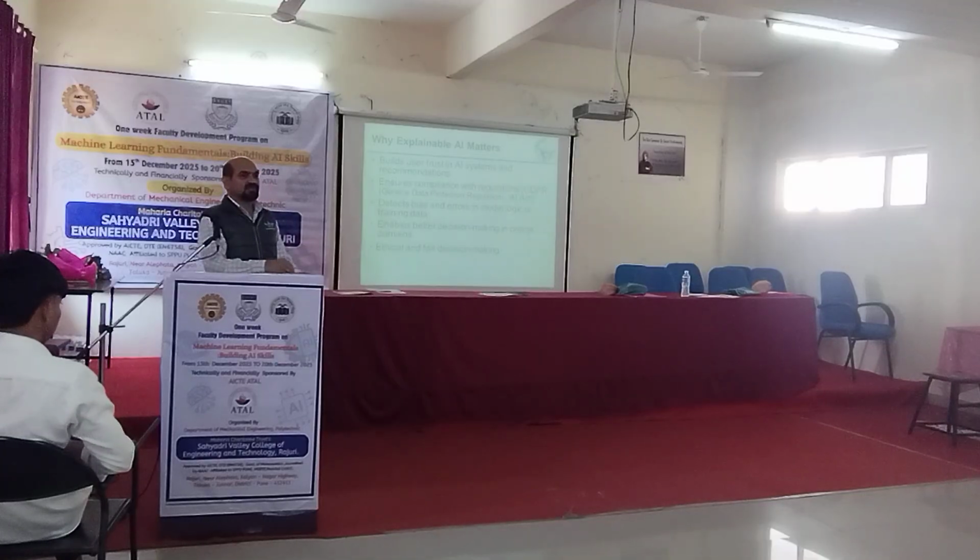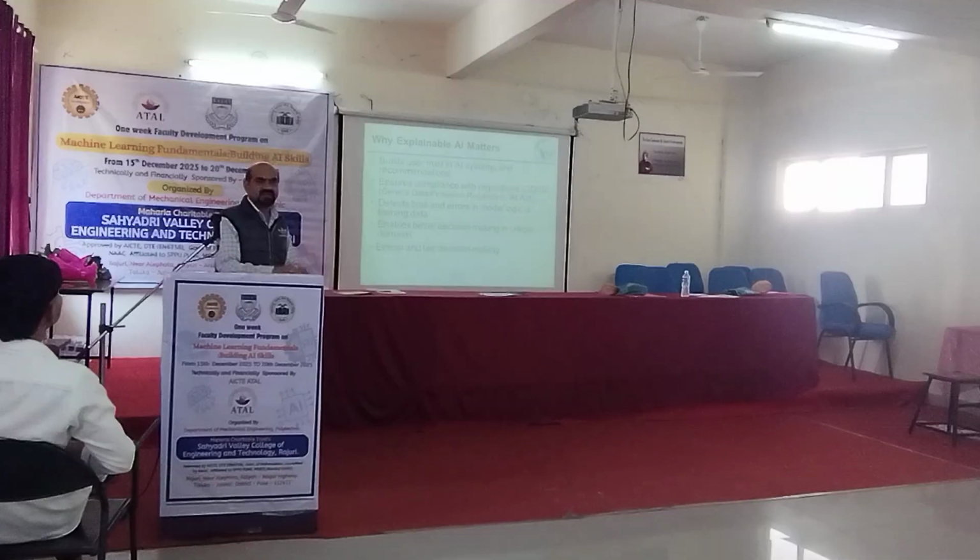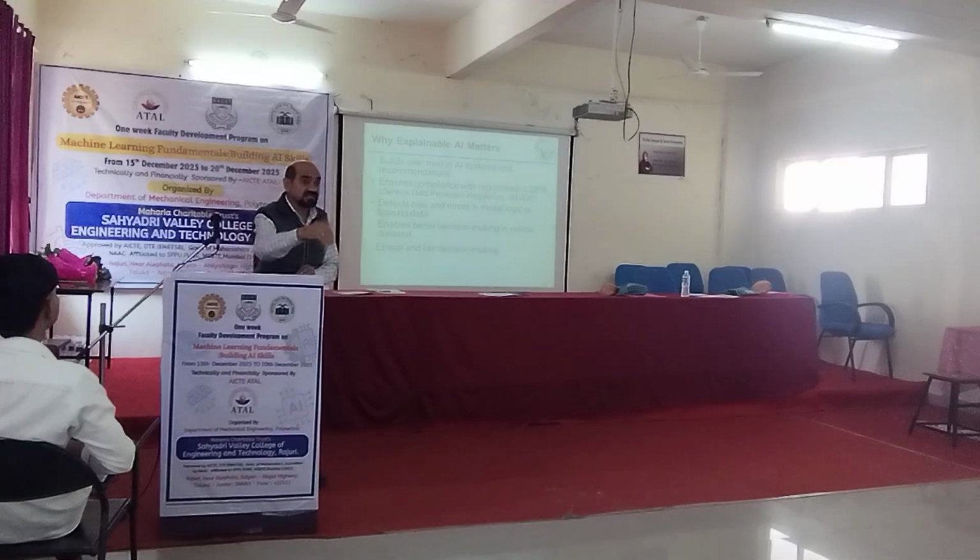We are going to see later what is the bias and what is the variance in some slides. Also better decision making in critical domains, ethical and fair decision making, meaning how the decision is made and why the decision is correct or ethical. Then the user can use this AI method.